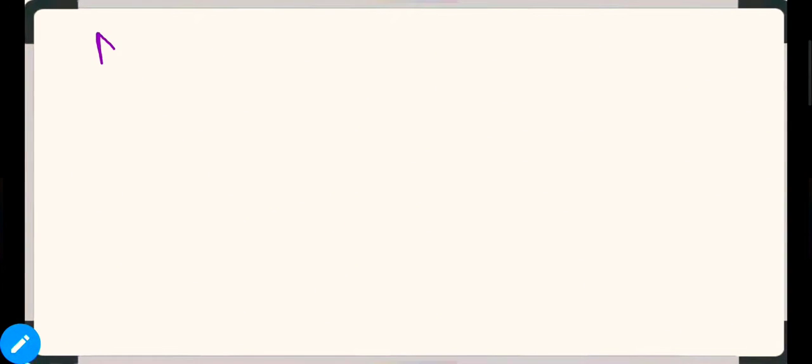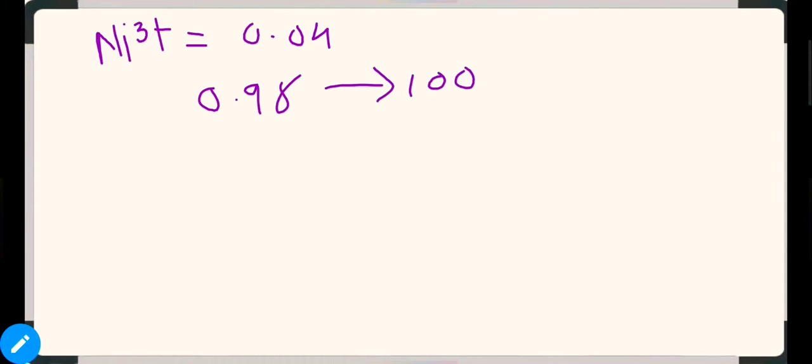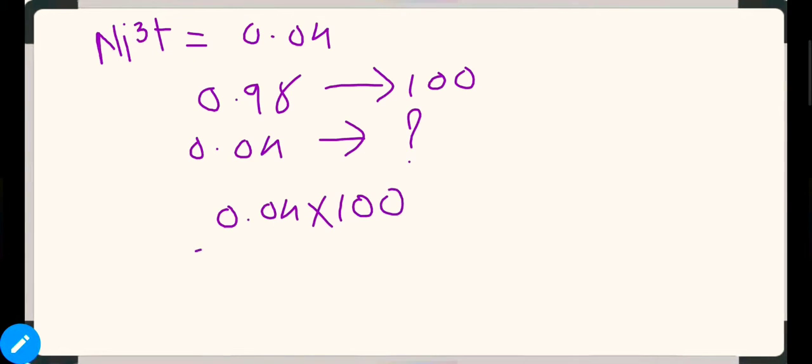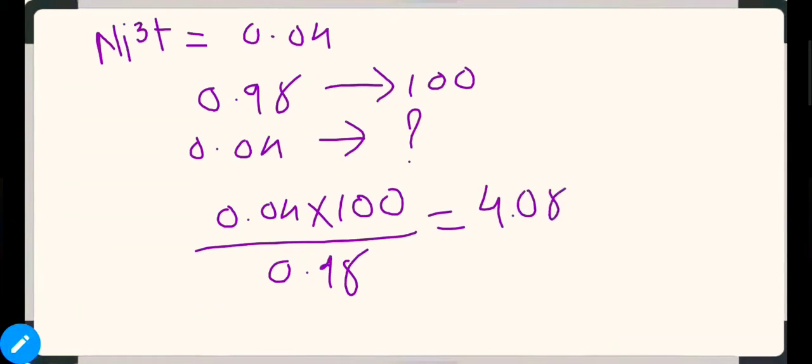Now let us find the percentage of Ni3+. The quantity of Ni3+ is 0.04. The total nickel ions is equal to 0.98, so total is equal to 100%. Then the obtained quantity of Ni3+, 0.04, is equal to how many percent? So 0.04 multiplied by 100 divided by 0.98, cross multiplication, so it is equal to 4.08%, that means roughly 4%.